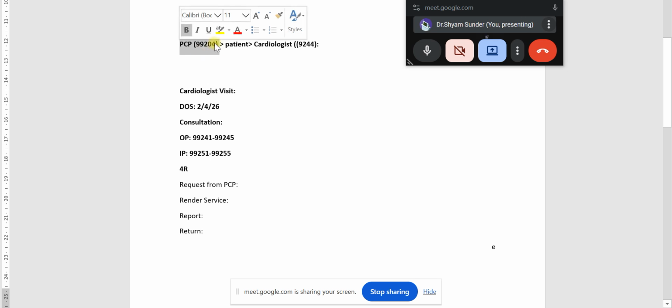Yes, the PCP will bill his own codes, this 99204. If the patient is in the emergency room, the PCP will bill 99282, 283, 284. Now the patient goes to the cardiologist. If you are billing for the cardiologist, then you bill this 99241 series code for the cardiologist, not for the PCP.